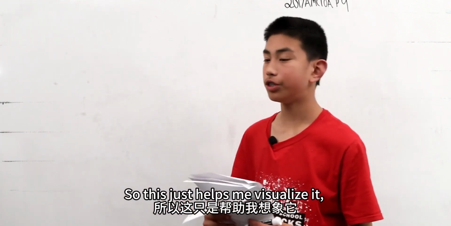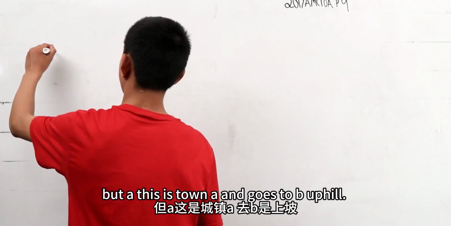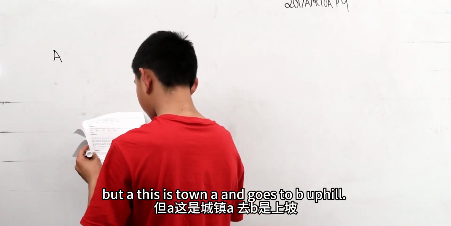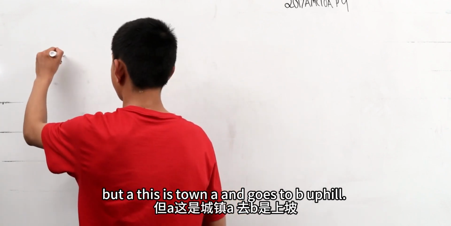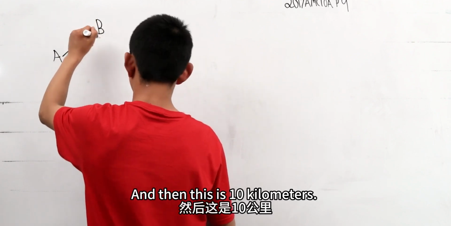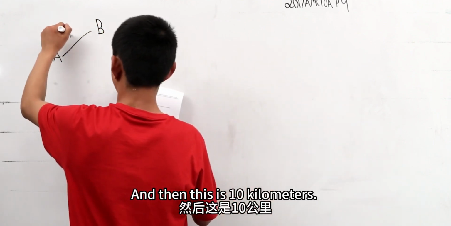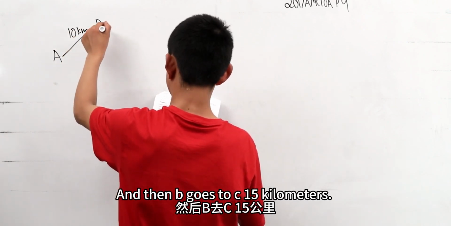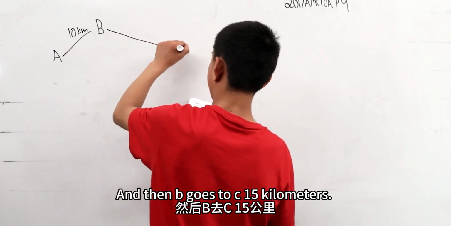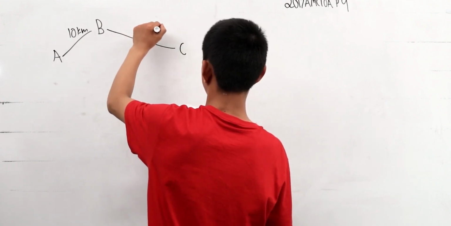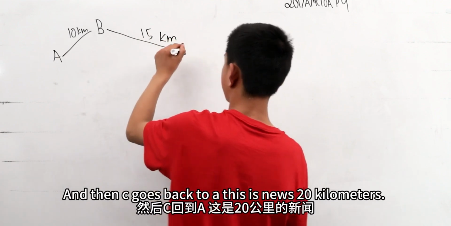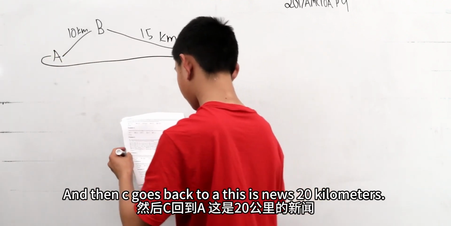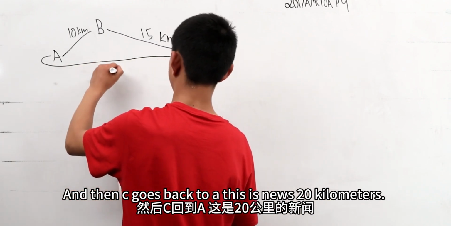So, this just helps me visualize it. Town A goes to B, uphill, and this is 10 kilometers. And then B goes to C, 15 kilometers. And then C goes back to A, and this is 20 kilometers.